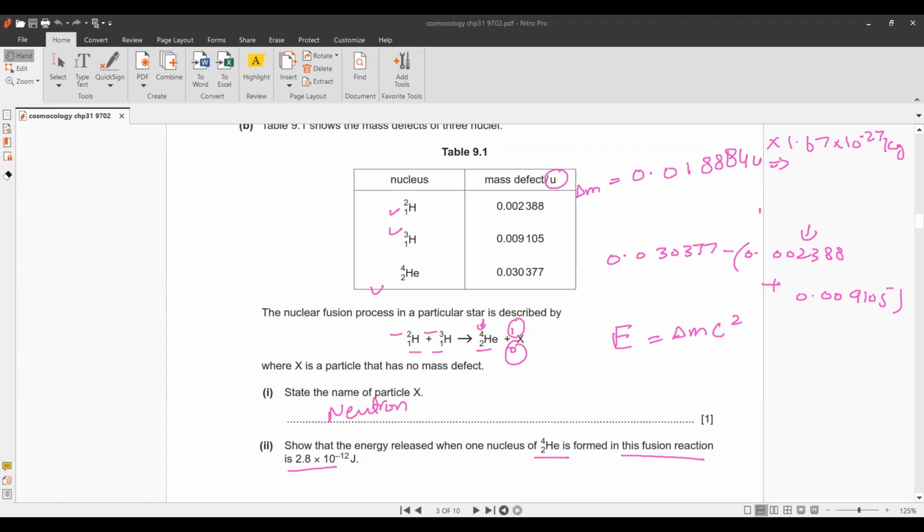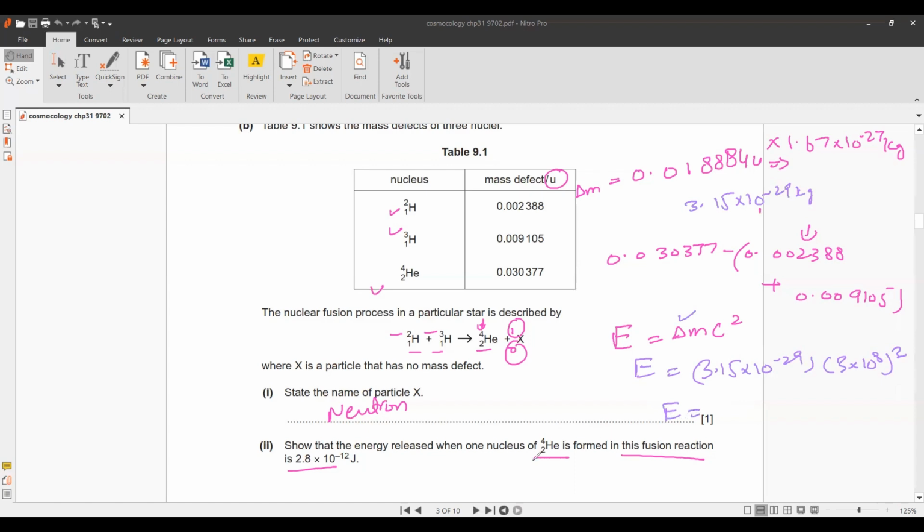We get 3.15 into 10 raised to power minus 29 kilograms. Let's put this in the equation now: 3.15 into 10 raised to power minus 29 into c square, which is 3 into 10 raised to power 8 square. So E would come in joules.